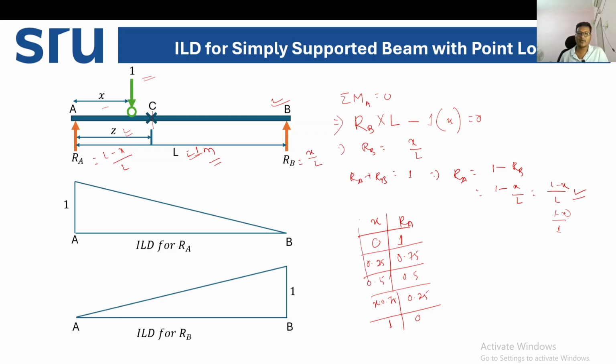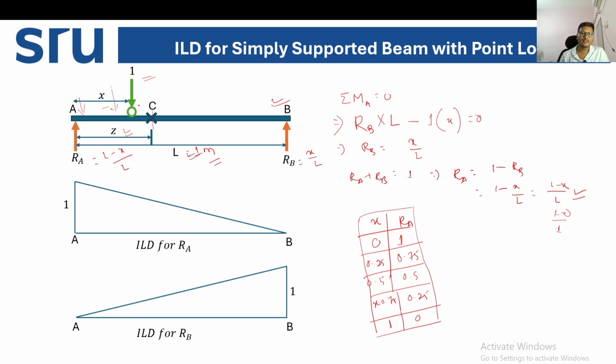So in this table we have calculated the reaction at A when your unit load is moving from end A to end B, right? When X is equal to 0, that means your unit load is on point A. When X is equal to 0.25, somewhere here.